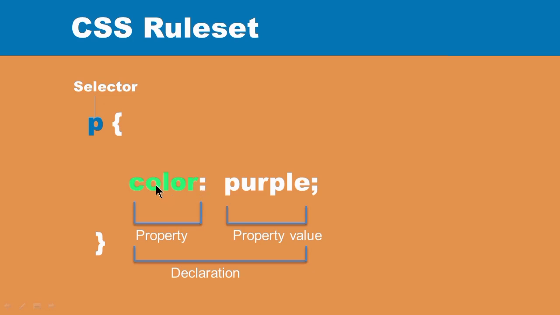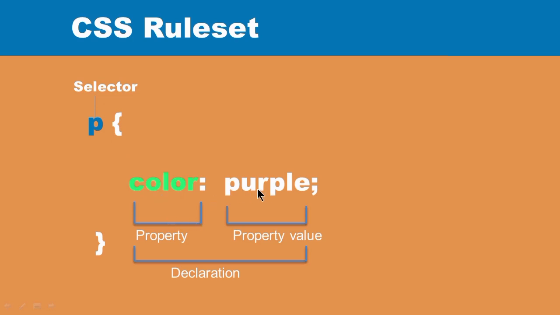Once you've indicated the property, then you have to give it a value, and this is known as the property value. In this example, I'm styling the paragraph tag, which is this P here, which is a selector. I'm changing the color property to purple.